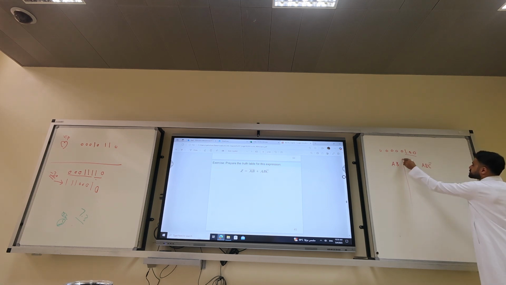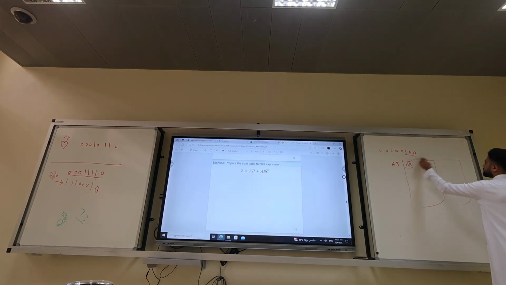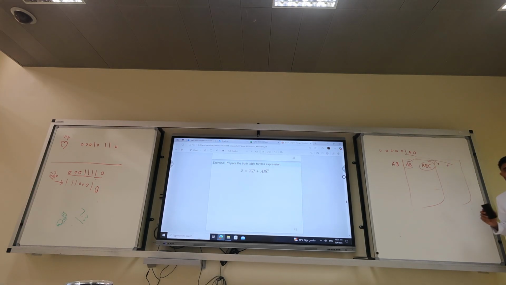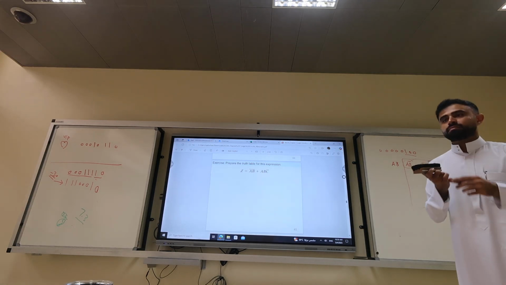So you do these two, and then you OR them. This, OR with that. The key here is you can't find this directly. You need to find AB, then you invert it. After that, you OR those two columns, and then you will get your final answer. Any question about it?